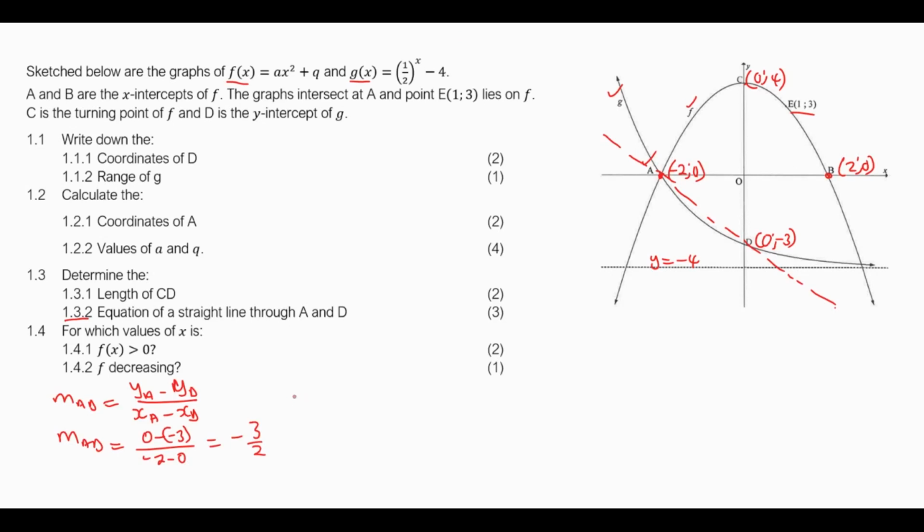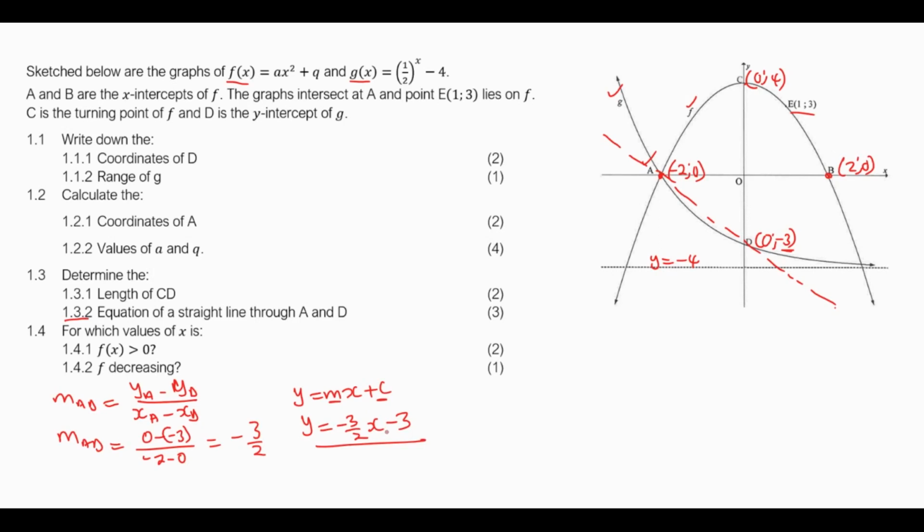For the equation of a straight line, we may use y = mx + c, where m is the gradient and c is the y coordinate of the y-intercept. So y is equal to -3/2 x, and the y-intercept is -3. That's the equation.